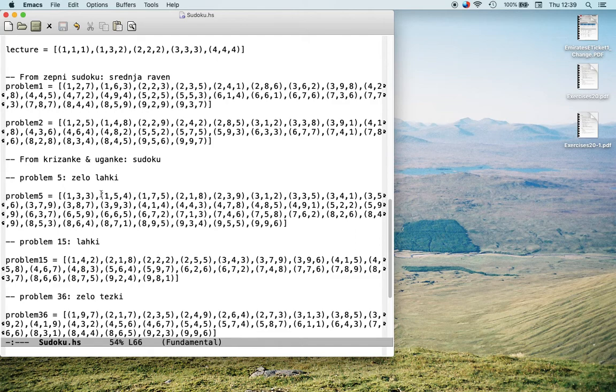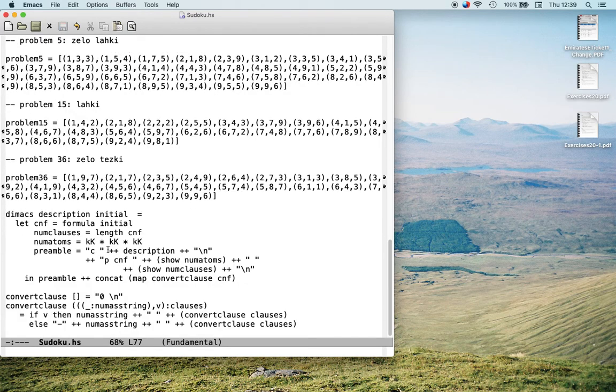Often when you get Sudoku problem books, the problems have different levels of difficulty. So this one's a very easy one. This one is an easy one, and then there's medium level and difficult level, and at least in the book that I had, it goes up to a very difficult level. So here we're giving ourselves one that was classified as very difficult. Once again, you can read off this. So we've now got a 9 by 9 Sudoku problem.